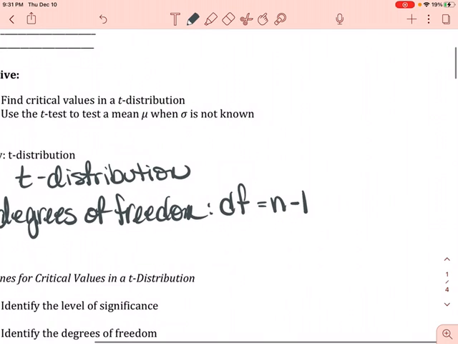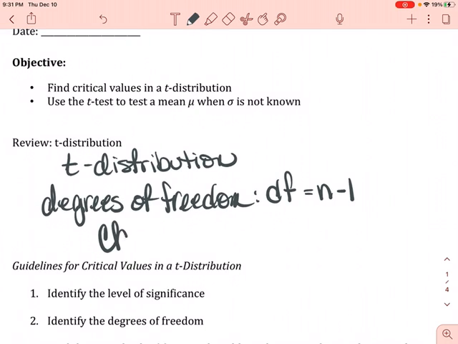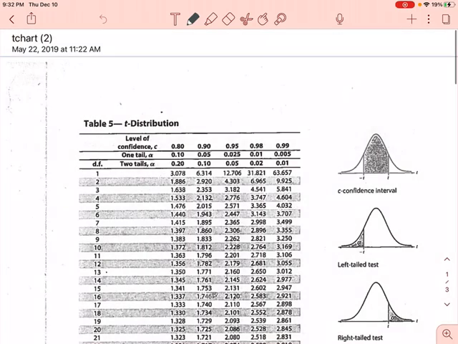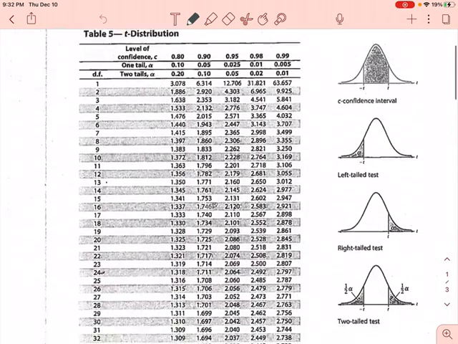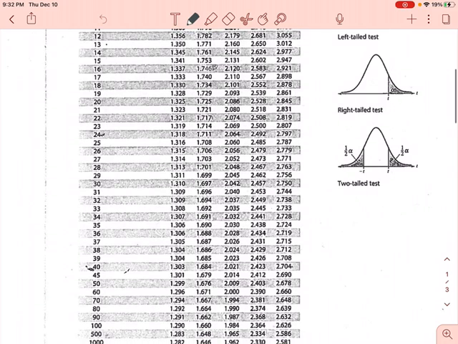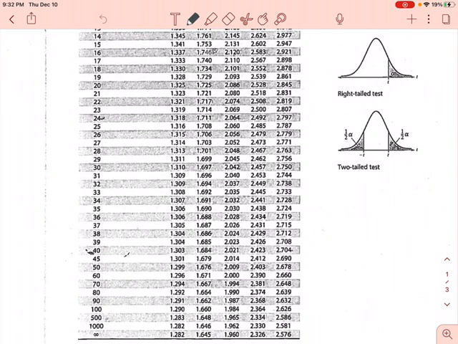And we have a chart, the t chart. This is where we went for confidence intervals. As we got closer and closer to 30, we're going to be closer to the normal distribution. So anything above 30 is probably going to be our normal distribution.